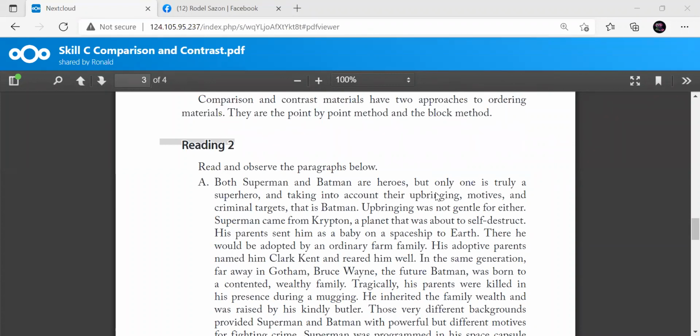Discuss na nimo yung upbringing, yung motives, and criminal targets in one paragraph. Pagka third paragraph, you talk about Batman. Talk about upbringing, motives, and criminal targets. Then, last paragraph, conclusion. So, ingato lang ang difference between point by point and block method. And that ends our lesson.